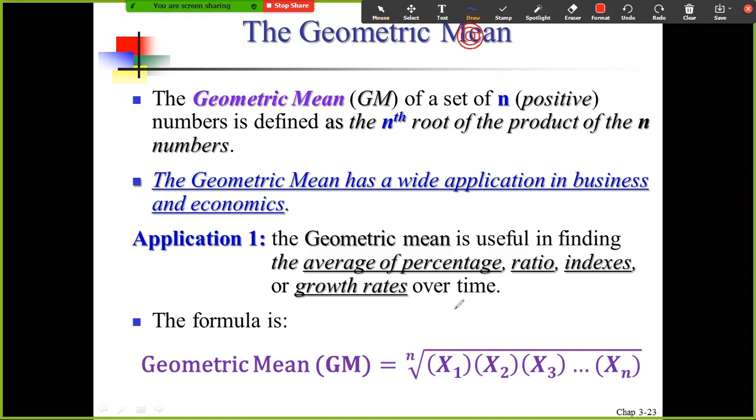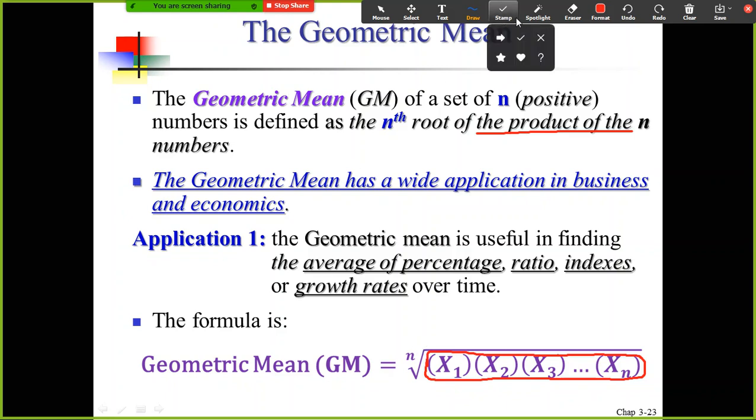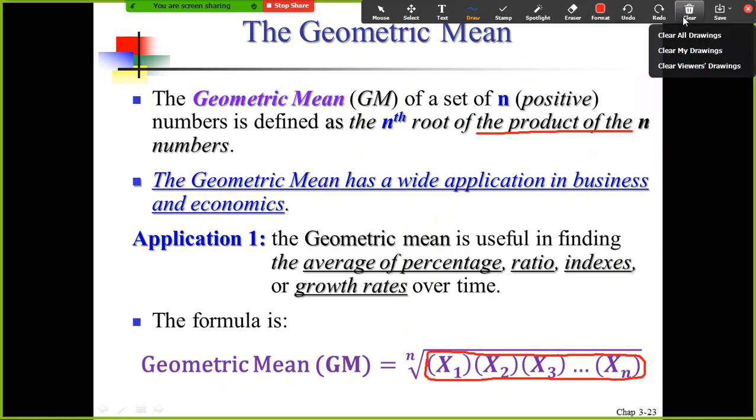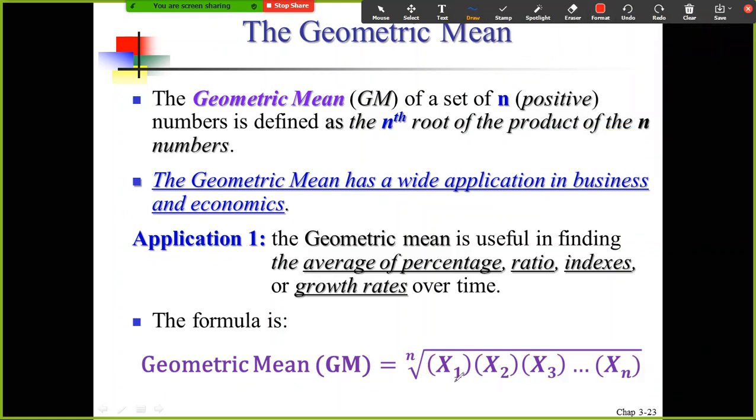Inside here is the product of x1 to xn. Because we have x from 1 to n, the root is also the nth root.